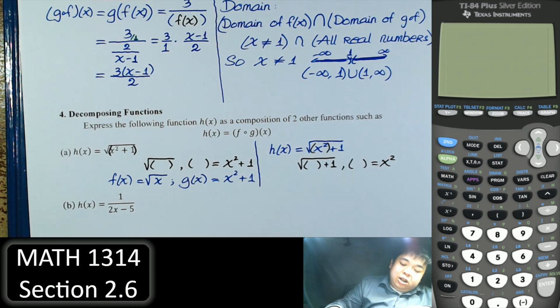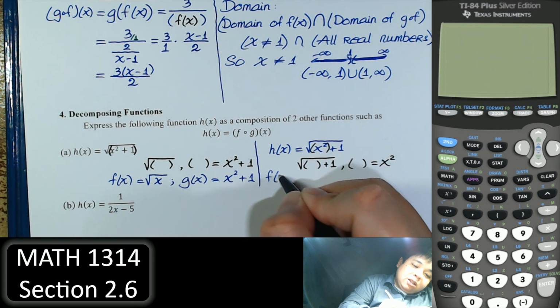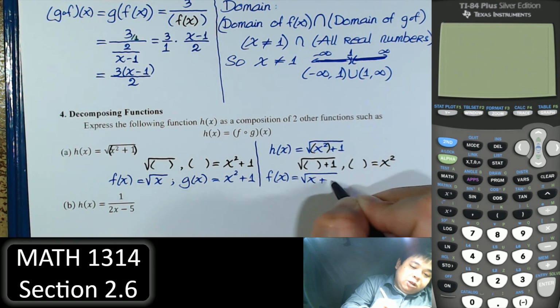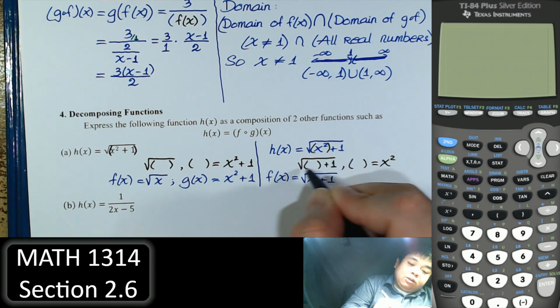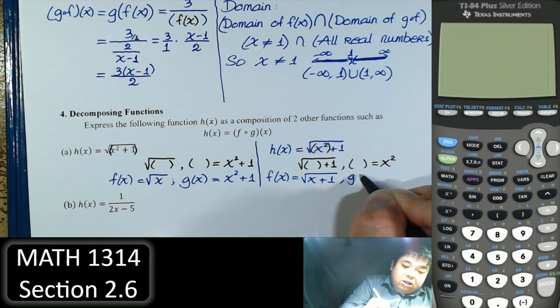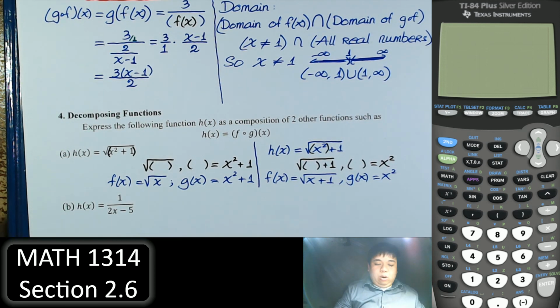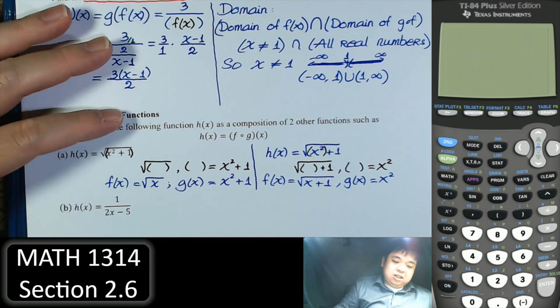So in that case, we can also say f of x is equal to the square root of, replace x plus 1 for the outer function, the first, and the inner function, the second function. Either way, we should have that.